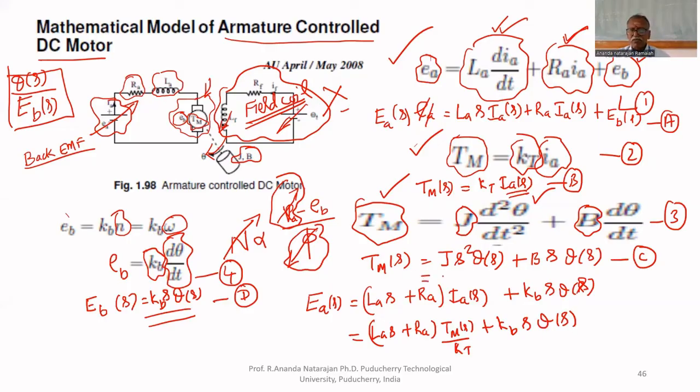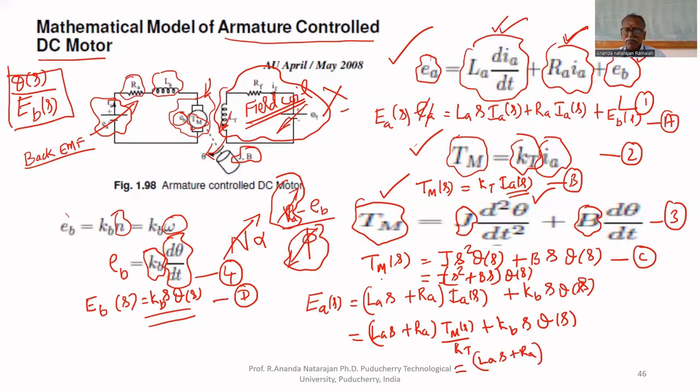Tm of S equals J S square theta of S plus B S theta of S. So instead of Tm of S, we can substitute LA S plus RA.